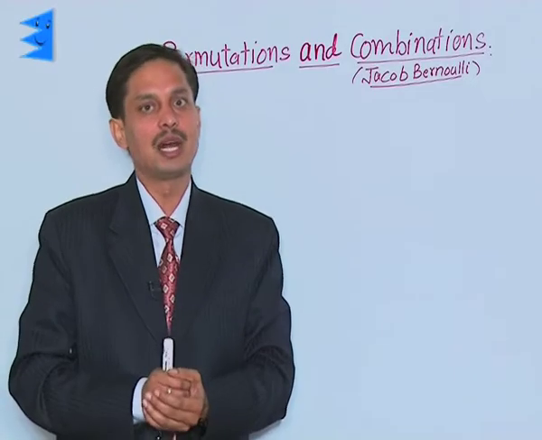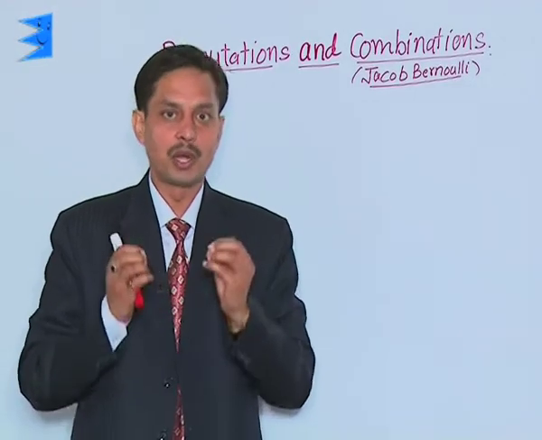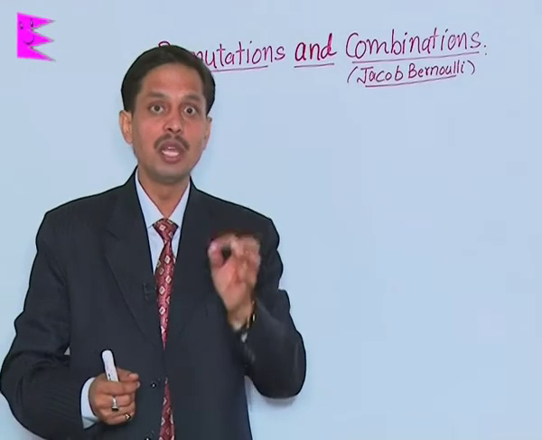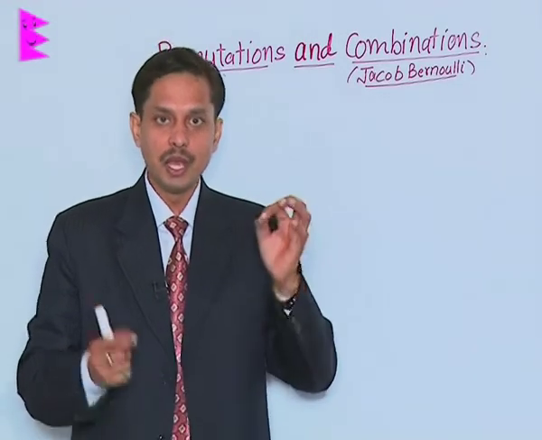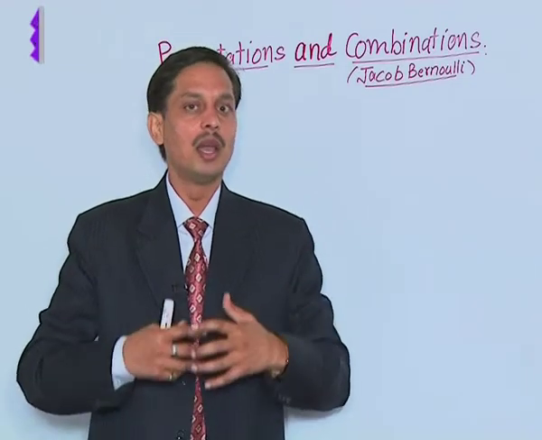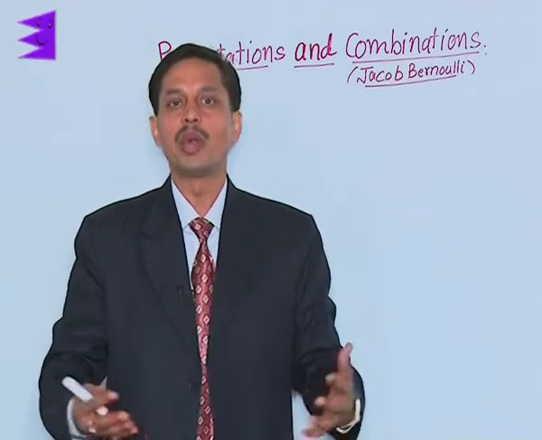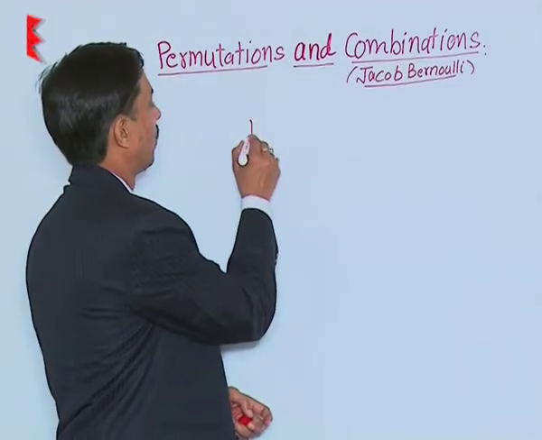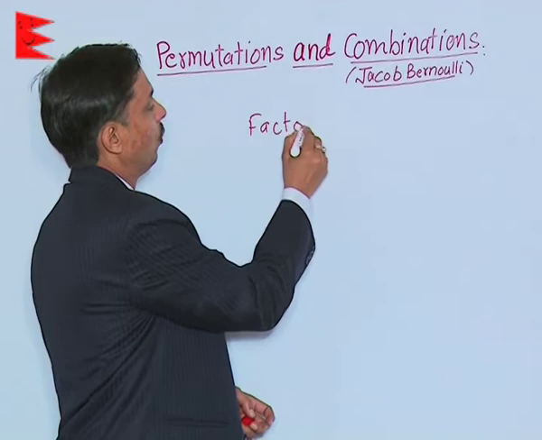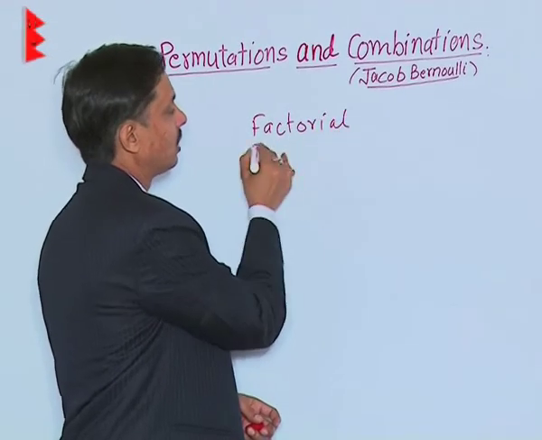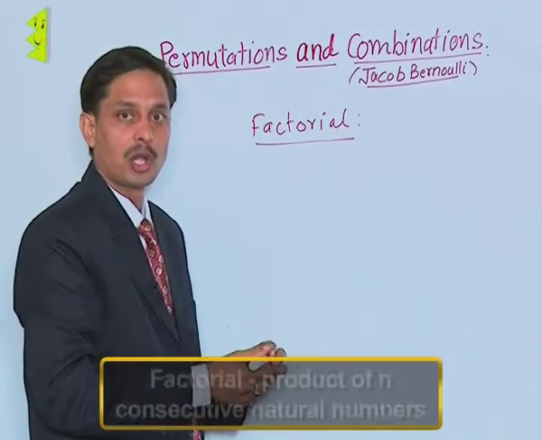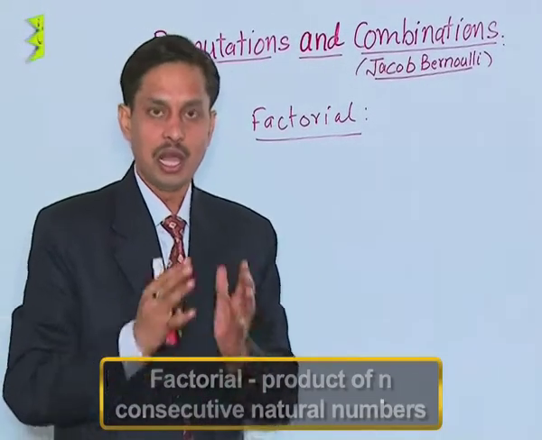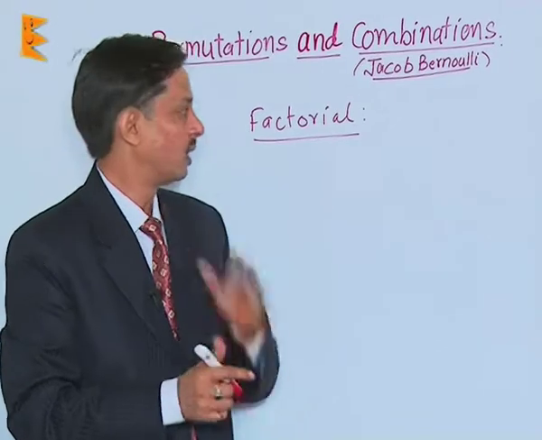But before we start, there is one very important aspect to understand, that is the meaning of factorial. If I want to define and explain the term factorial, there is a very simple logic about the factorial. Factorial is the product of n consecutive natural numbers starting with 1.